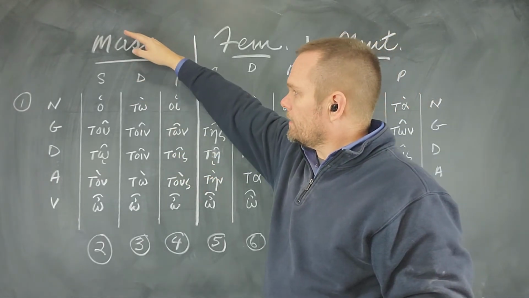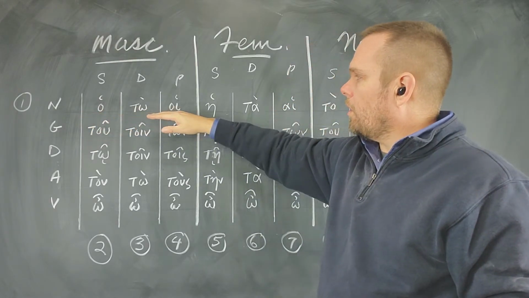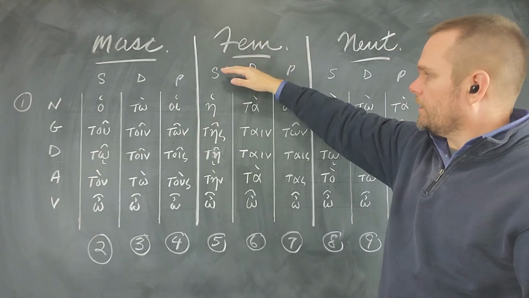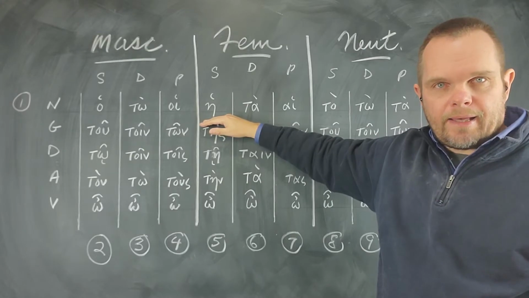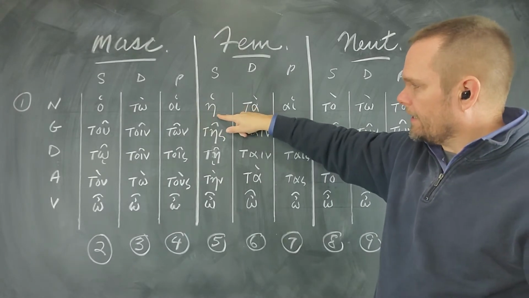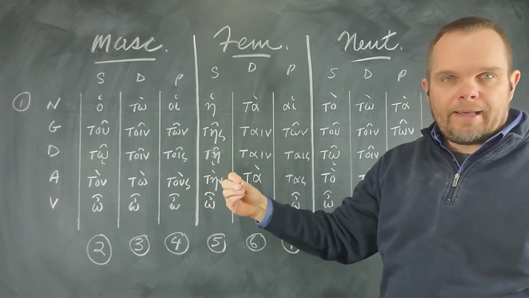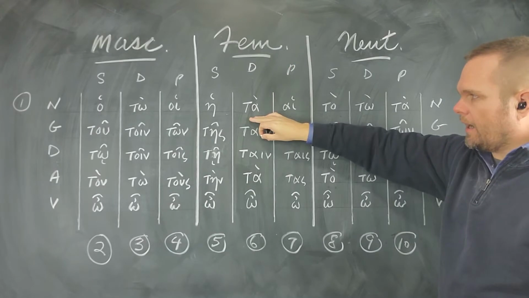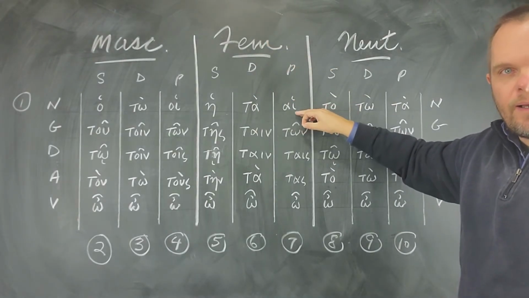So the masculine article is ho, to, hoi. Okay? Feminine singular, he. It's an eta, with rough breathing. He. The feminine dual is ta, and the feminine plural is hai.